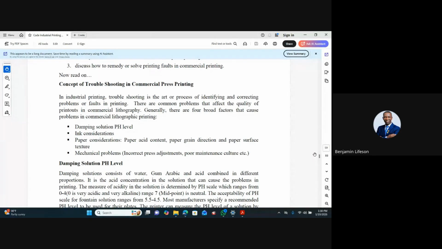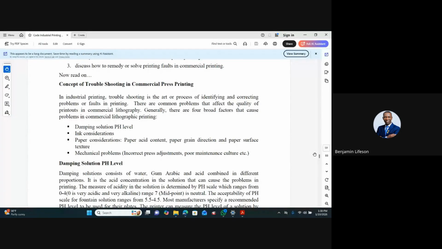The look of your print. You identify the problem, and after identifying it, how you will solve it before you even begin the mass production. You see that some of the prints are very faint, some are sketchy, some will bleed, just like we spoke about when we were talking about printing defects.